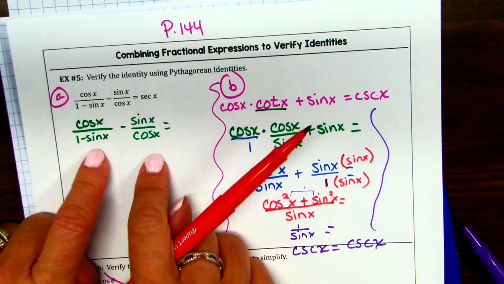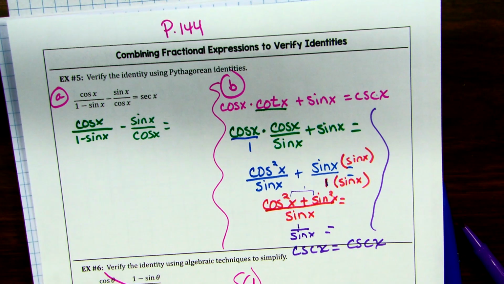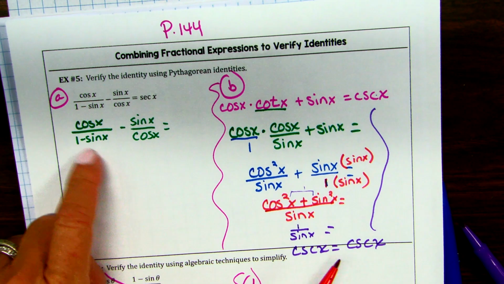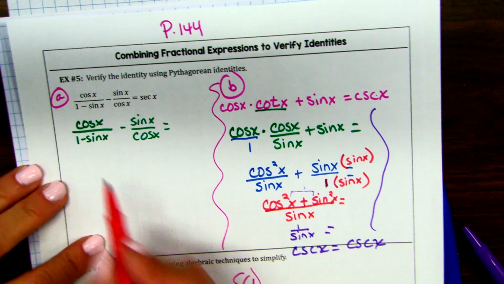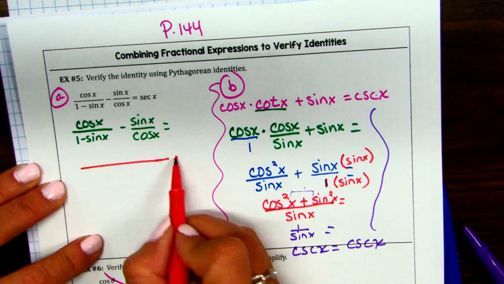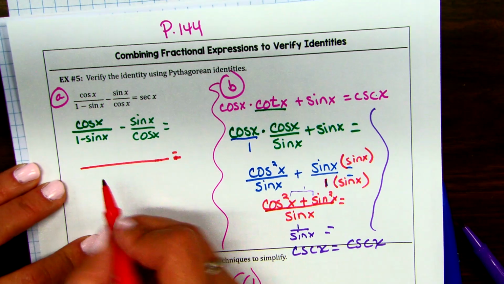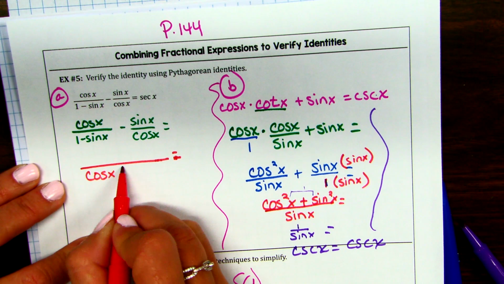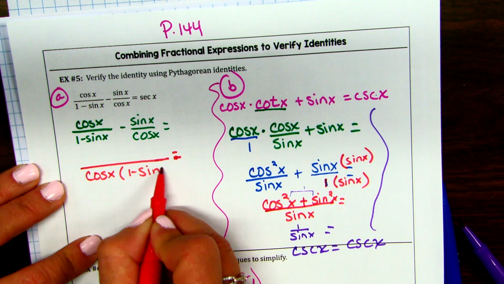Here, we have two trig functions, right? I need both of them in my denominator. This is going to be part of my common denominator, and this. So just like before, I'm going to set that up with both of those in there. Doesn't matter which one you put first. Doesn't matter at all. But they both have to be there.